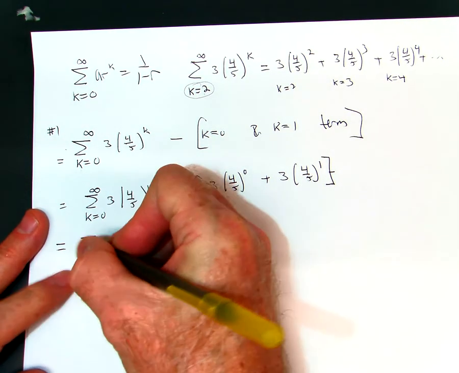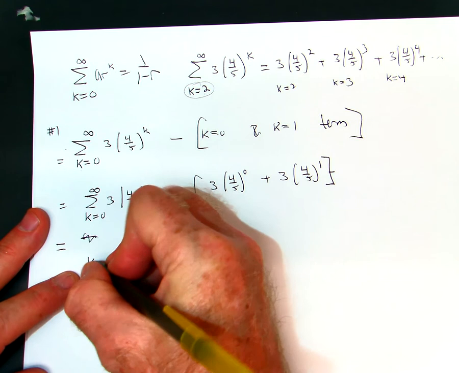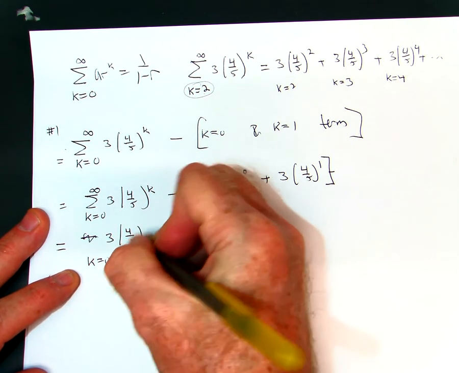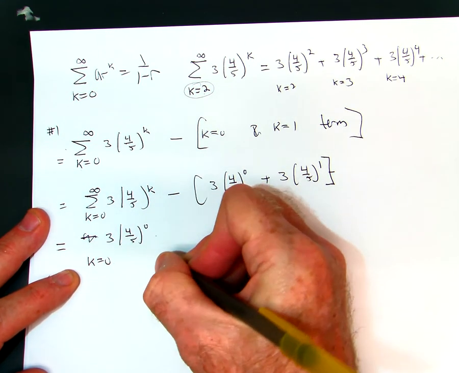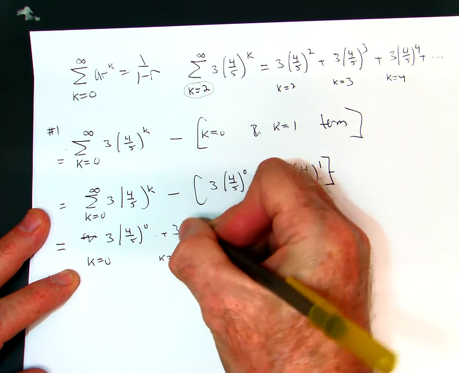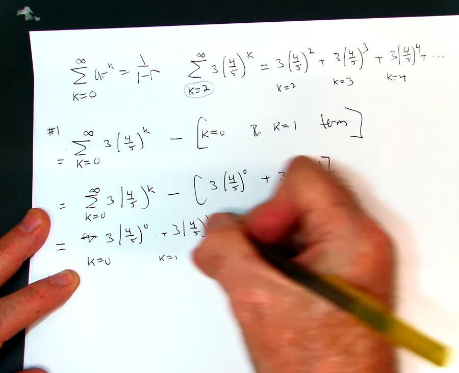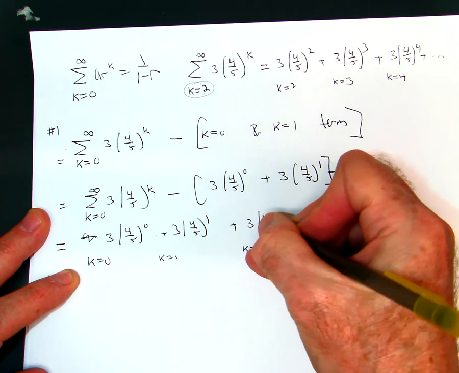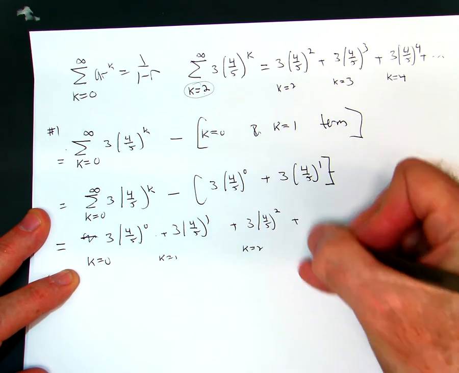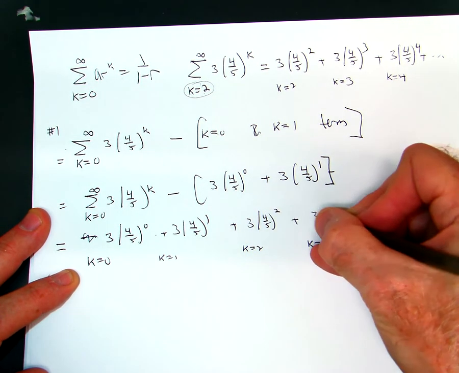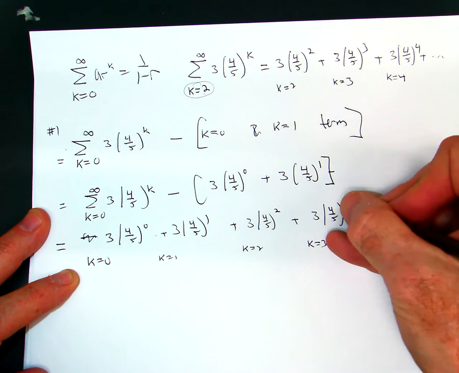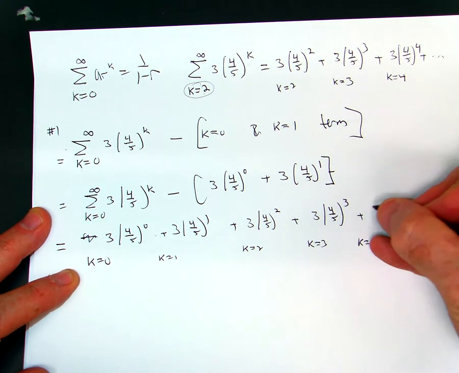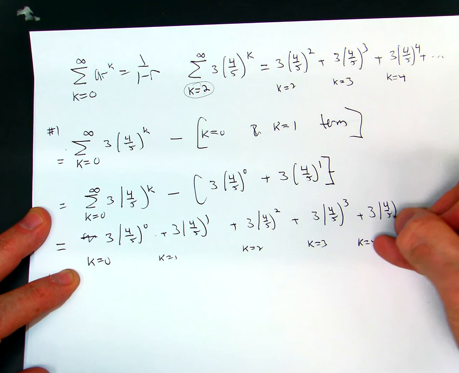This is just an aside. If I start writing this out, k is equal to 0, I get 3/4 to the 0, k is equal to 1, plus 3/4 to the 1, k is equal to 2, 3/4 to the 2, k is equal to 3, 3/4 to the cubed, k is equal to 4, 3/4 to the 4.